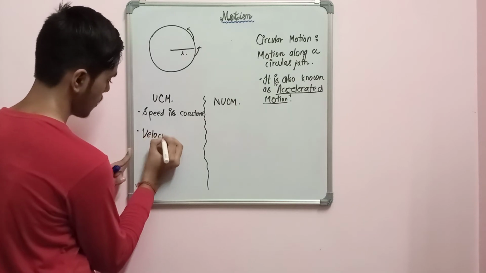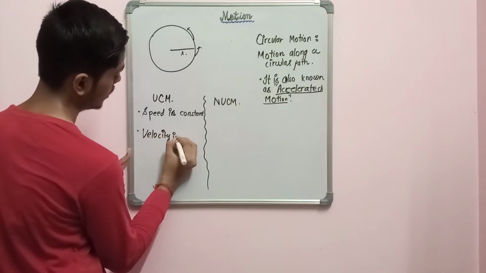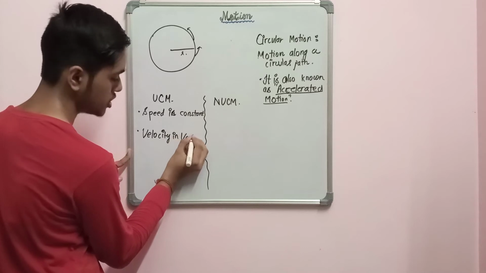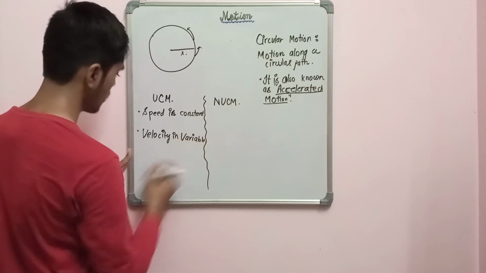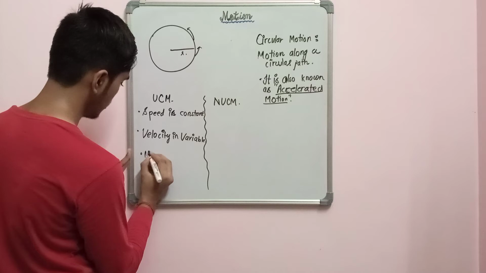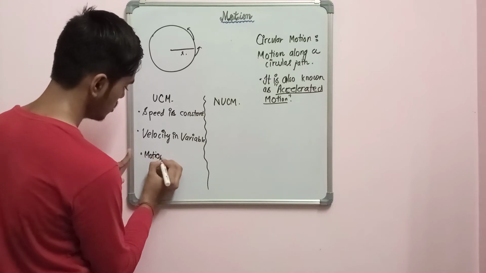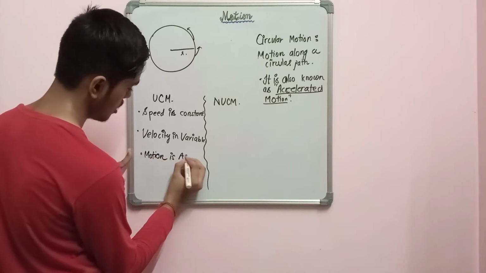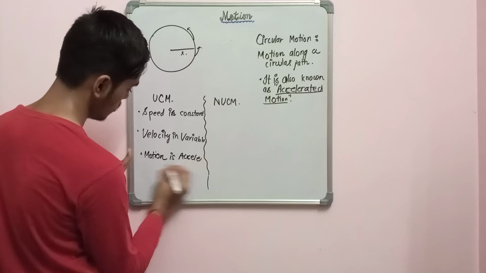Velocity is variable. Why variable? Because it changes its direction. The motion is accelerated.